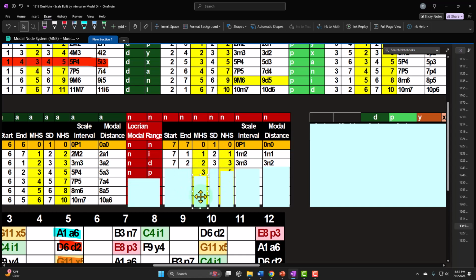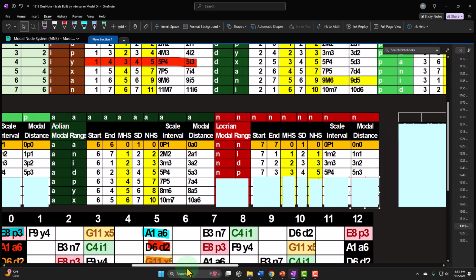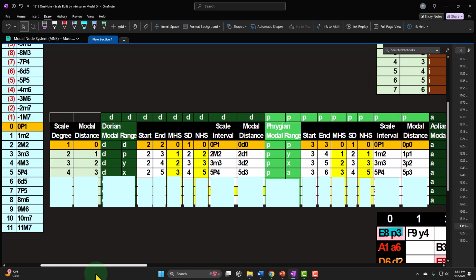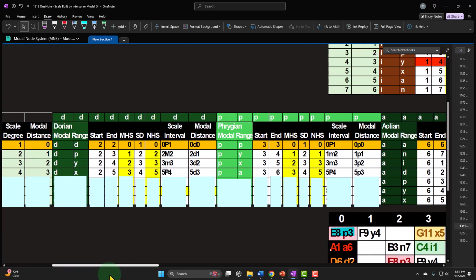If you go up 3 continents from crazy Locrian, you get to Phrygian, and that's going to be a 7-3 modal range because 7 plus 3 is 3 because it goes around in a circle after 7, and that means it's a scale degree of 4, and it's going to have a 5 note distance, which does indeed mean it's a 5 note away perfect fourth, and that's going to be a 5 note away from the crazy Locrian third modal half step. So even crazy Locrian is the same on that particular interval.